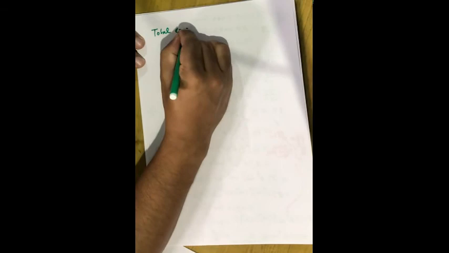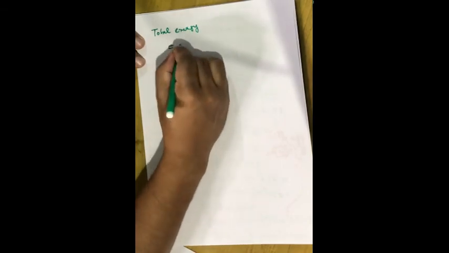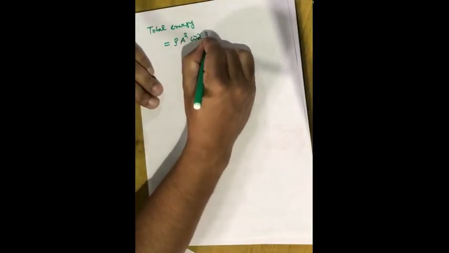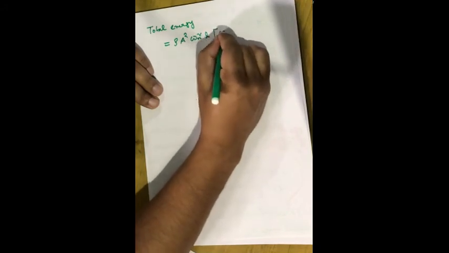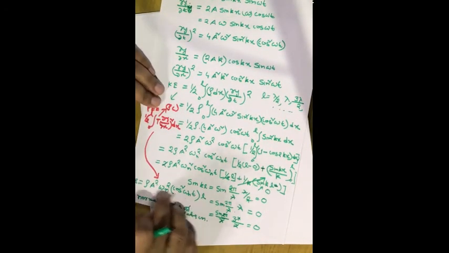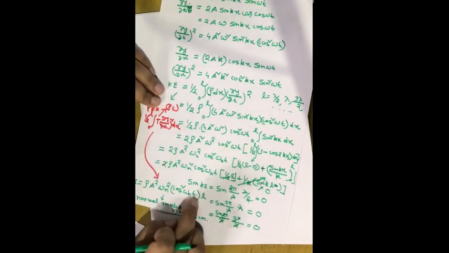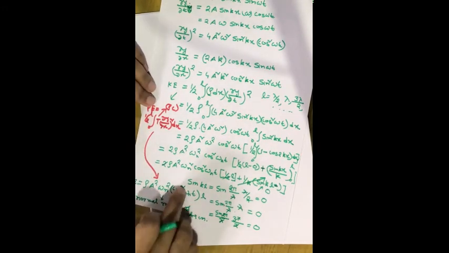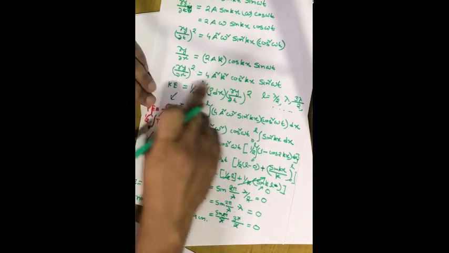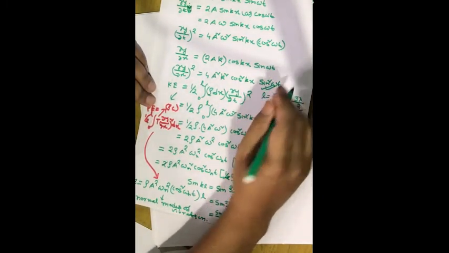Total energy will be equal to rho a square omega n square into L, times cos square omega t. In case of potential energy you will get a sin square omega t term, because del y by del x contains sin square omega t.